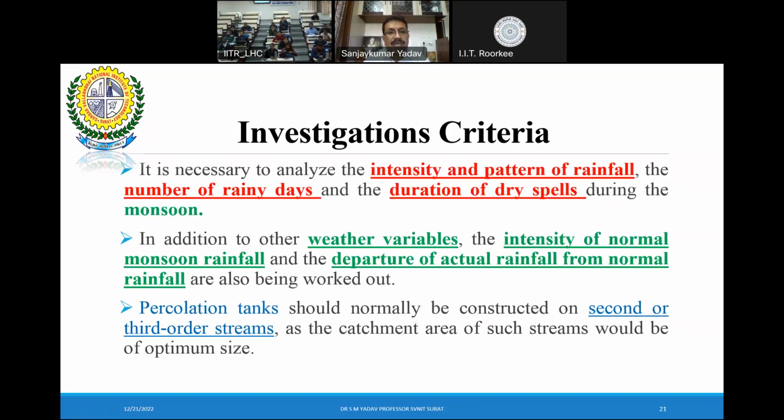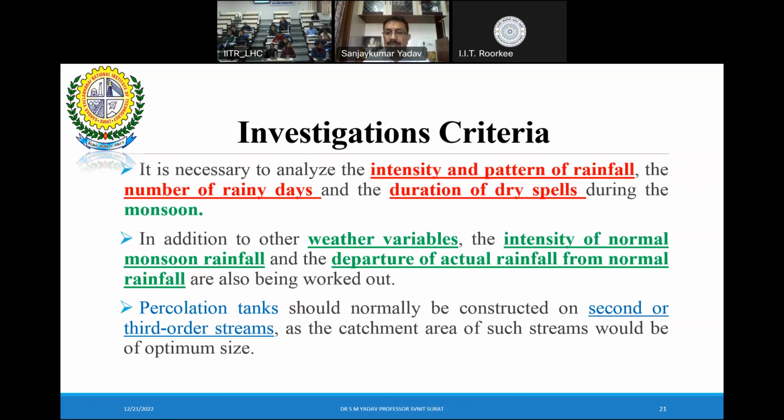It is necessary to analyze the intensity and pattern of rainfall, the number of rainy days, and the duration of dry spells during the monsoon season. In addition to other weather variables, the intensity of normal monsoon rainfall and the departure of actual rainfall from normal rainfall are also worked out.